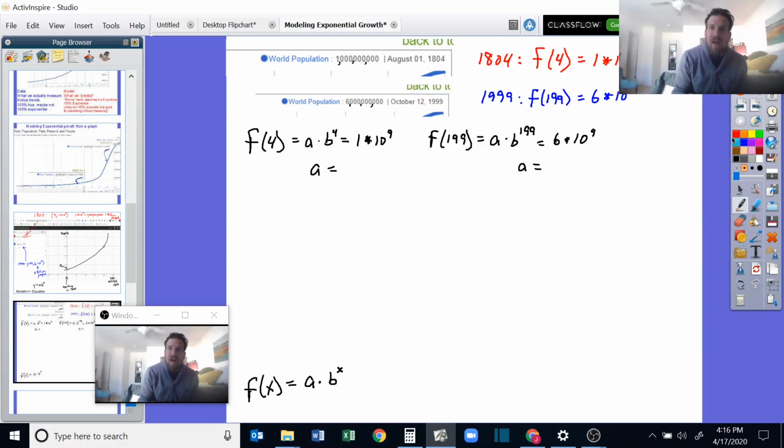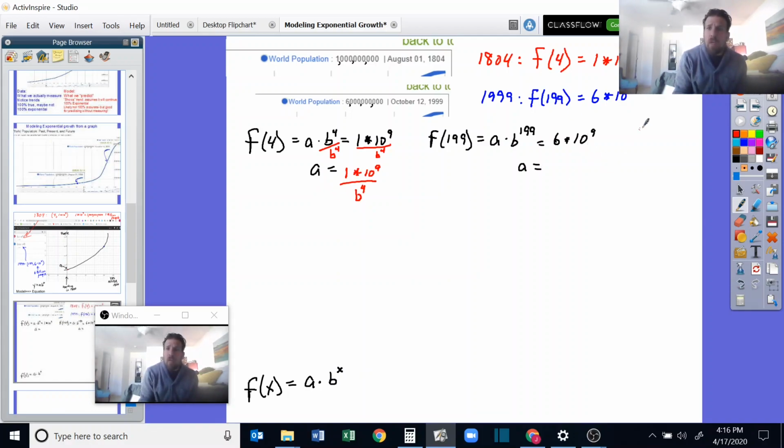If I divide out that b to the 4th on both sides, then what I get here is that a is 1 billion over b to the 4th. Now, I'm not done yet, but now I have one way to write that starting point.